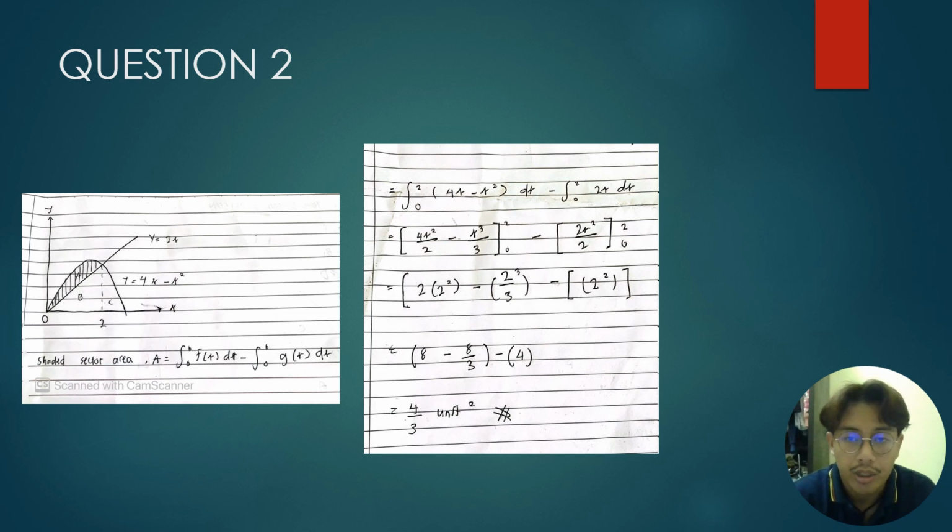And then if we solve the equation, we will get 2 times 2 squared minus 2 to the power of 3 over 3 minus 2 squared, and then the answer is 8 minus 8 over 3 minus 4, and the last answer we will get is 4 over 3 unit squared.